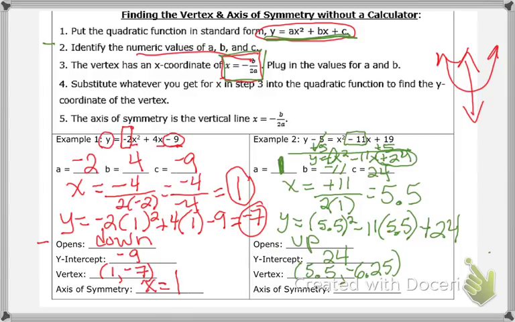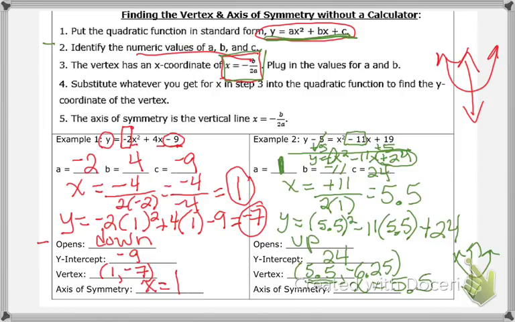So that is our y value. So our vertex is at 5.5, comma, -6.25. Finally, our axis of symmetry is always going to be an x equals line, because it's going to go up and down, as it has to cut our parabola in half. And it's going to be the x value of our vertex, which is 5.5.